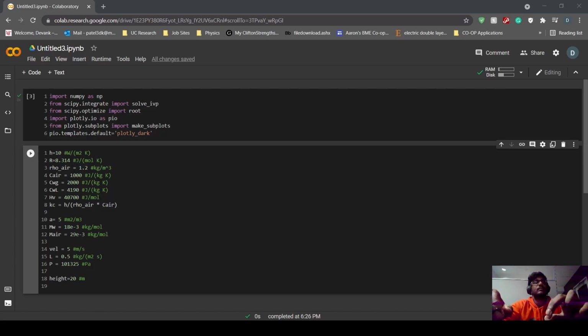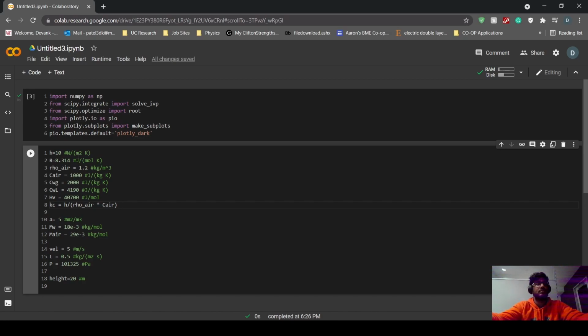Now we have all of our variables defined here, and h equals 10 watts per meter squared per Kelvin, which stands for the heat transfer coefficient. R equaling 8.314 joules per mole per Kelvin stands for the ideal gas constant. Rho air, the density of air, is equal to 1.2 kilograms per meter cubed.